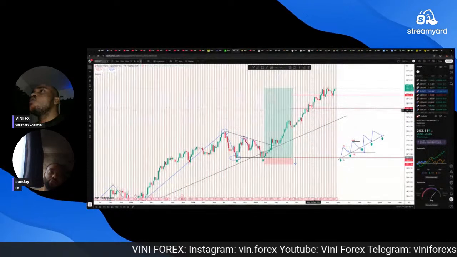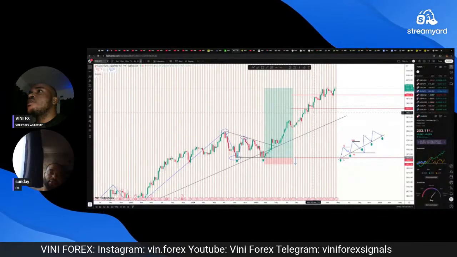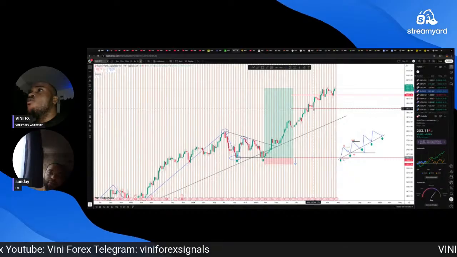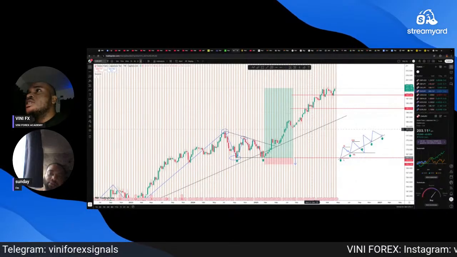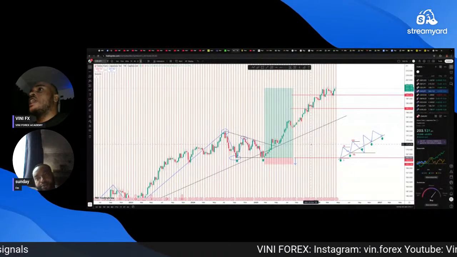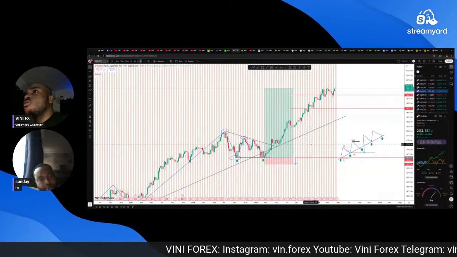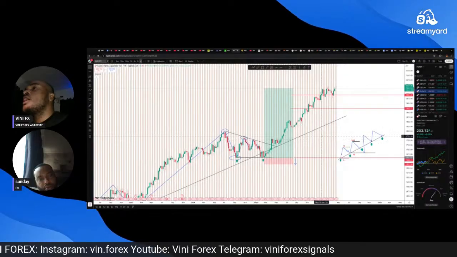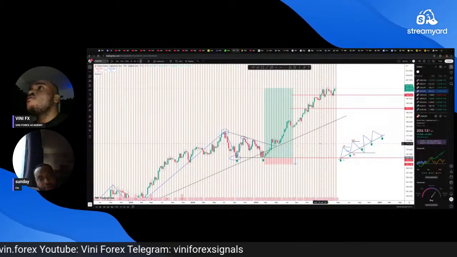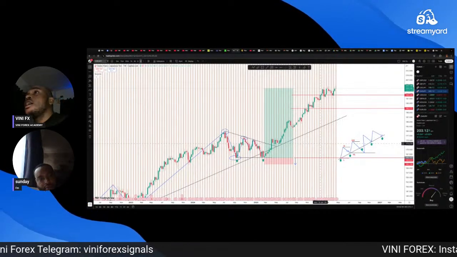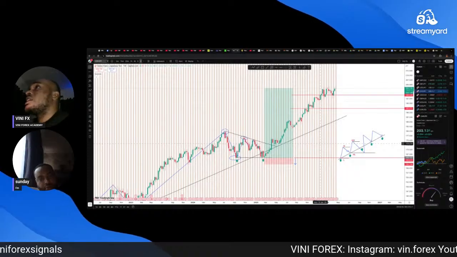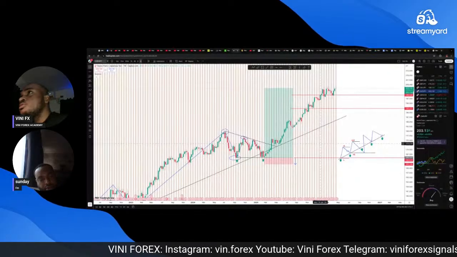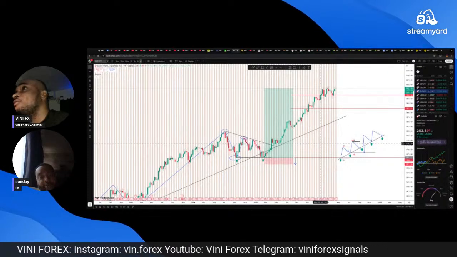We measure the distance in the Forex market with pips. Pips is like our ruler, the ruler we use to measure. So from here to here is like 2,600 pips. Now, this can mean $10 for a small trader, $1 million for another trader. It depends on your trading knowledge and capacity on what you can do. Do you understand? Yes, sir.